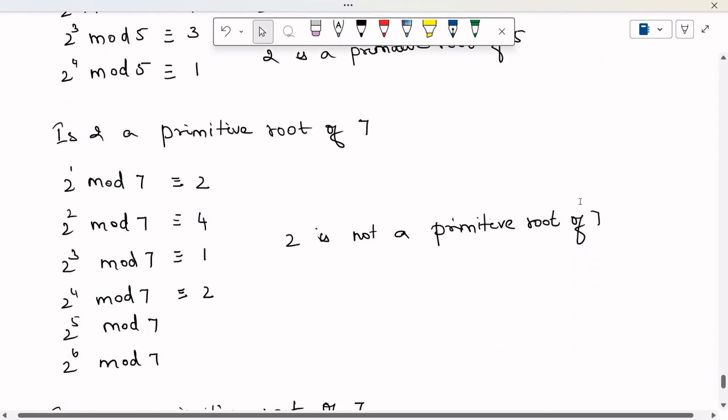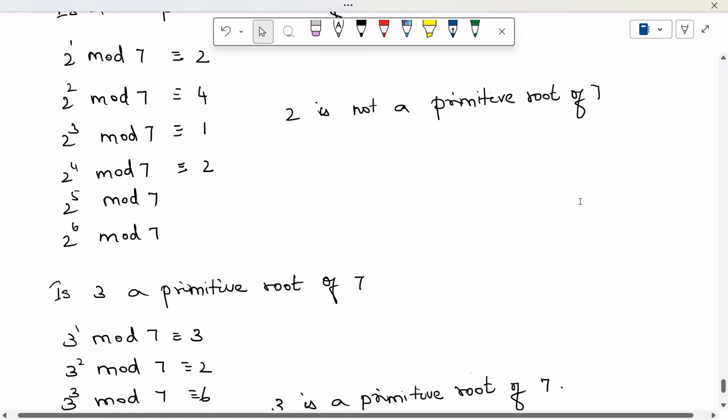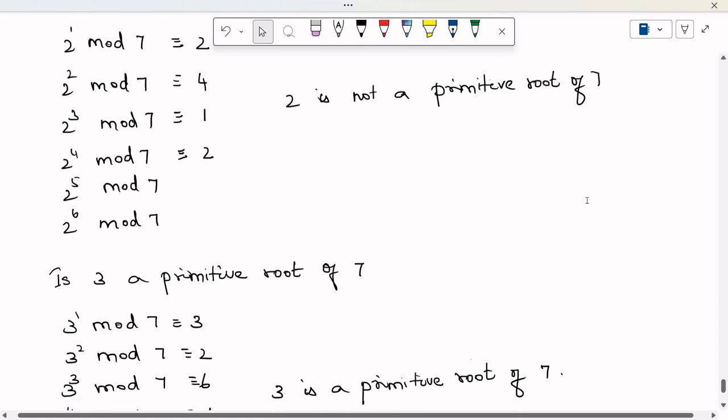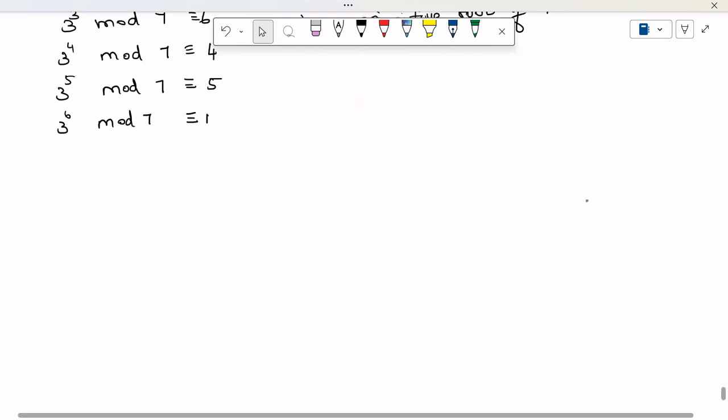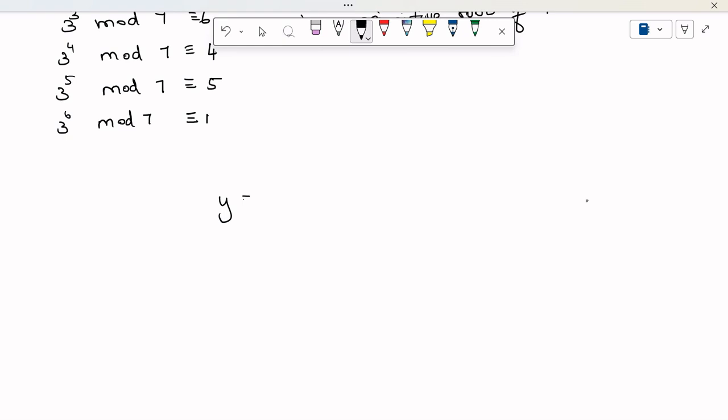A few cryptographic algorithms' strength will depend upon prime numbers and a few will depend upon this discrete log. So what is that discrete log? Calculation of discrete log is nothing but the equation y congruent to g power x mod p.